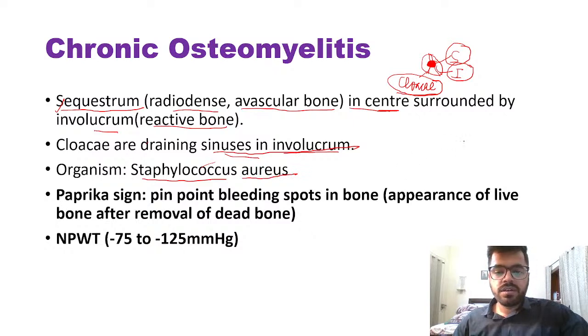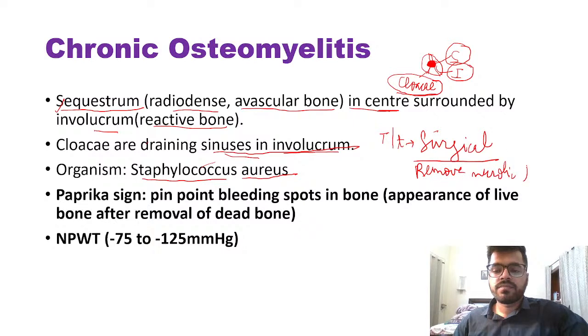The treatment of chronic osteomyelitis is surgical. We have to debride it, we have to remove the necrotic bone. So how do we know how much bone should be removed? We have to remove the dead bone.